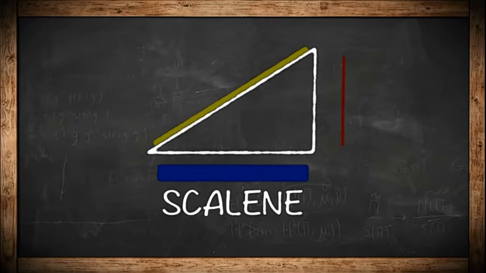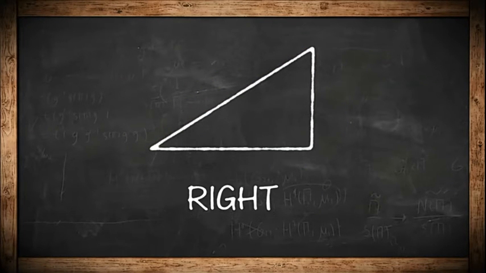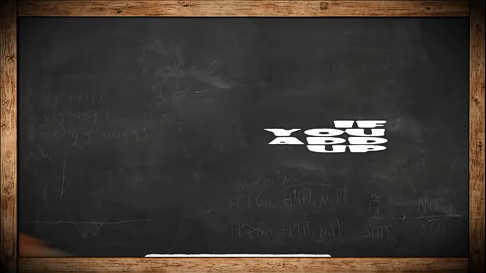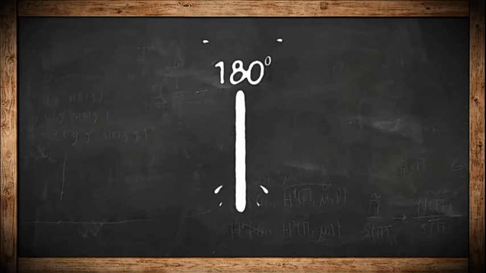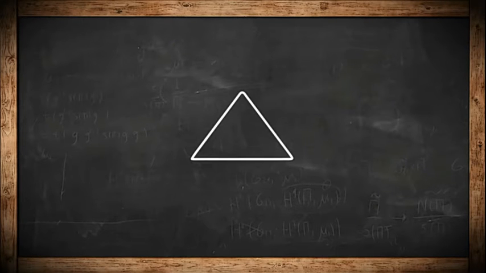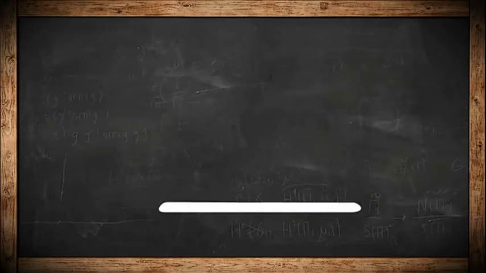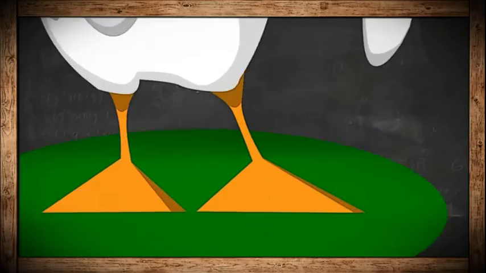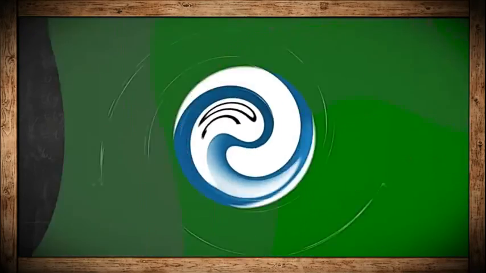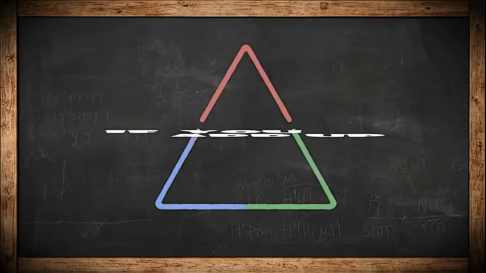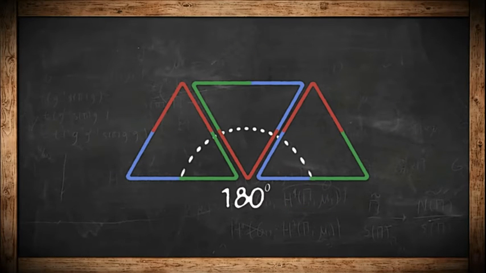That triangle would also be called right, if a 90-degree angle is inside. There are 2 ways to classify triangles, by their sides and their angles.